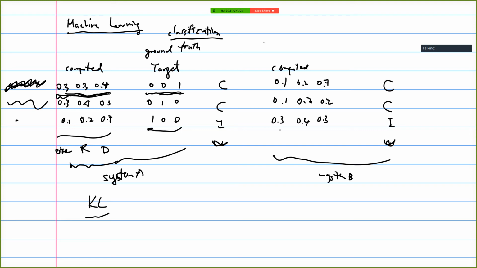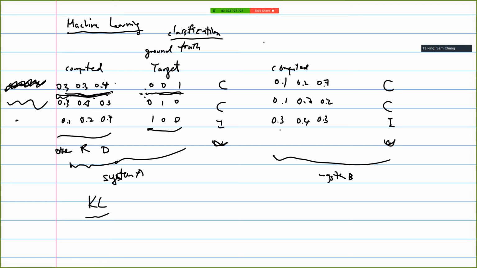But ideally, if we make the 100% correct prediction, we hope that these two distributions, or let me put it this way, the prediction will be better if these two distributions are more similar, right?